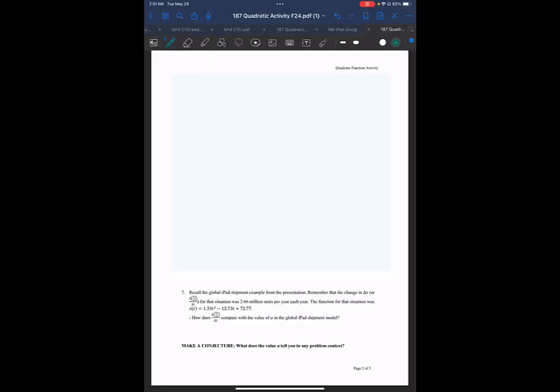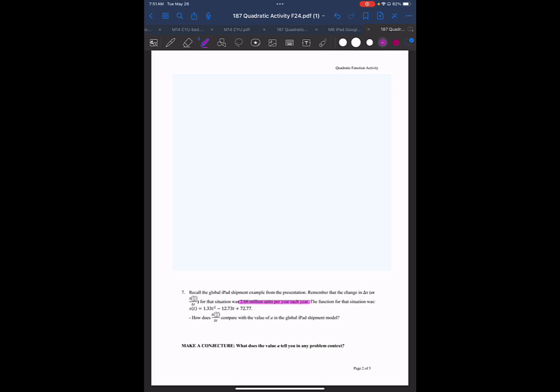Okay, this next problem asks us to recall the global iPad shipment example from the presentation. This presentation you should have worked through before beginning this quadratic activity. And we remember that the rate at which the rate was changing for that situation was this 2.66 million units per year each year.